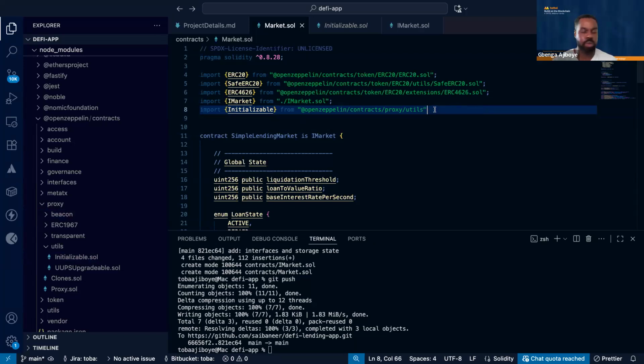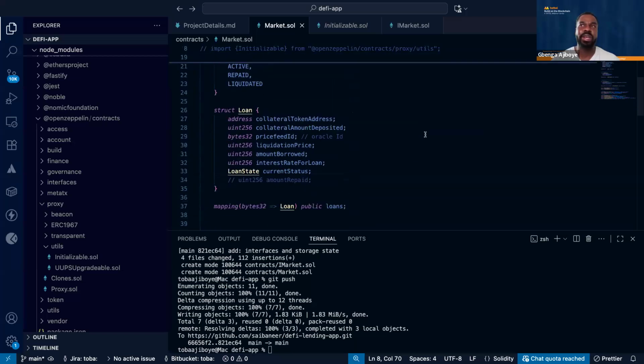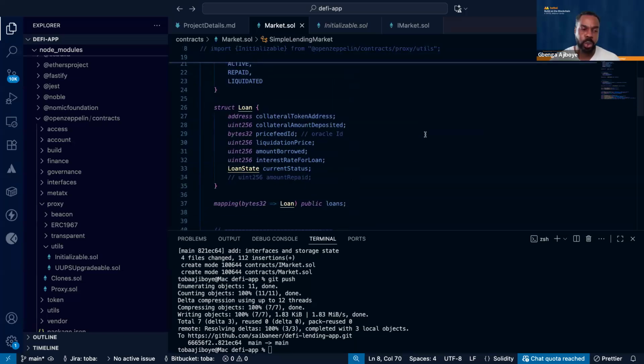What's an initializable contract? It's a contract that doesn't have a constructor, but it has a special function called initialize. You can only clone contracts that are initializable. The reason is that when you clone, you are cloning the logic but leaving the storage behind.